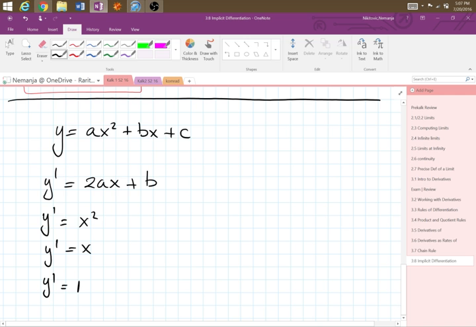So we clearly see here that the notation is telling us that the function y is f of x, given as ax squared plus bx plus c, and then we see 4 different rows below, each one claiming to be the first derivative of that expression. Right?